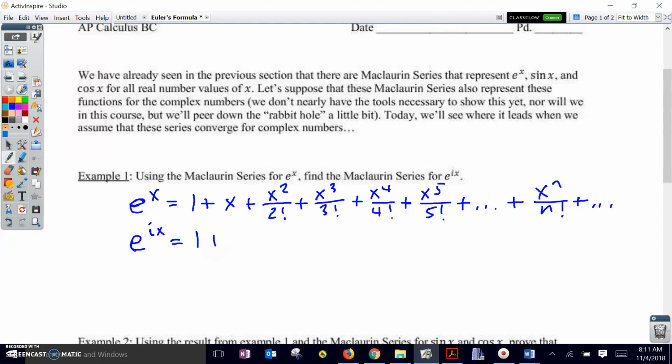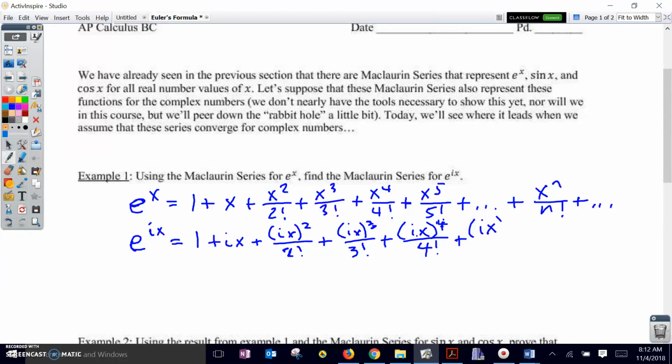And so this becomes 1 plus ix plus the quantity ix squared over 2 factorial plus the quantity ix to the third over 3 factorial plus the quantity ix to the fourth over 4 factorial, etc., etc.